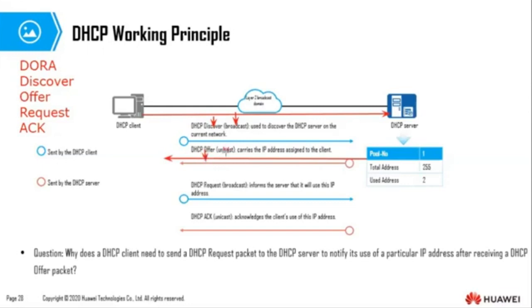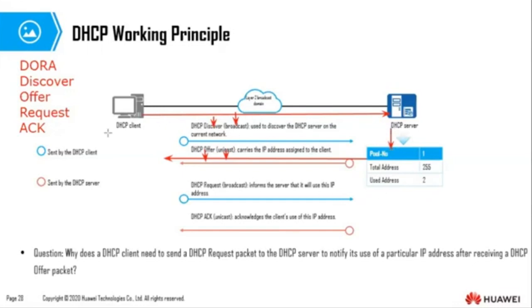The DHCP offer is a unicast message. It's unicast because when you send the discover, we get your address from the source address. So we are going to offer you an IP address and other details from a pool.